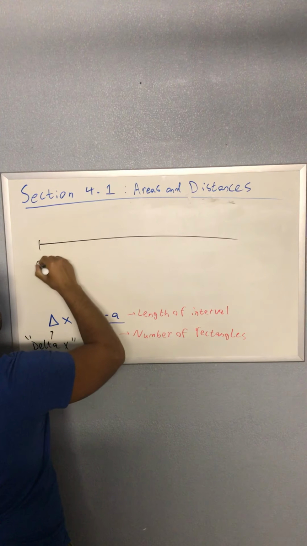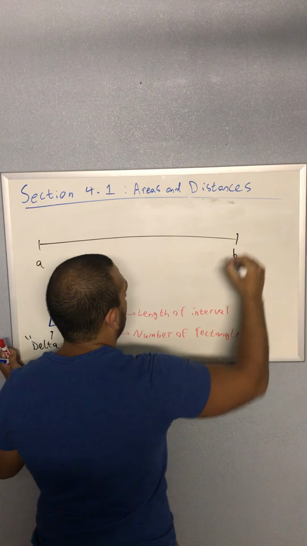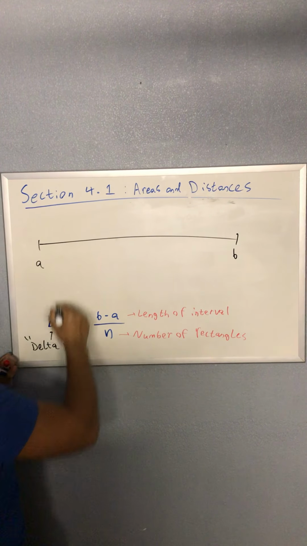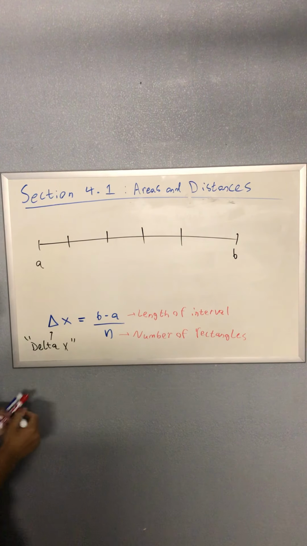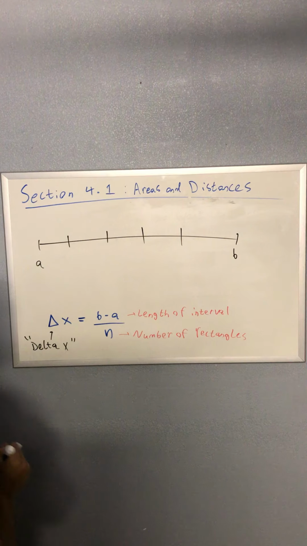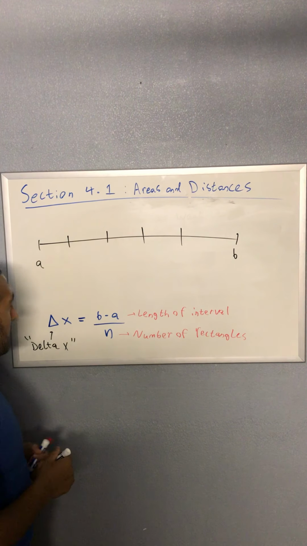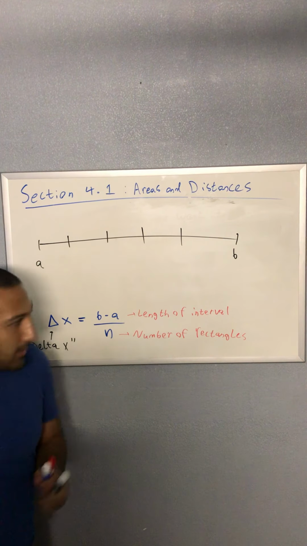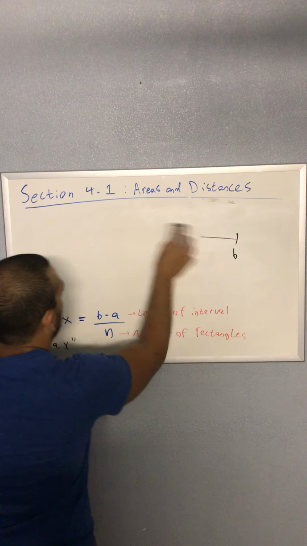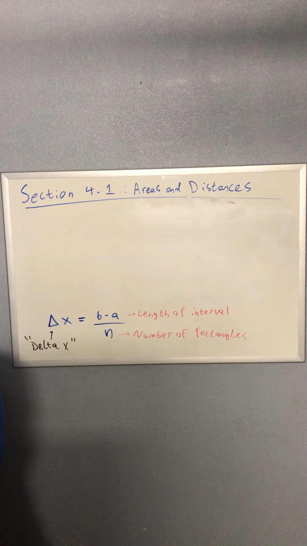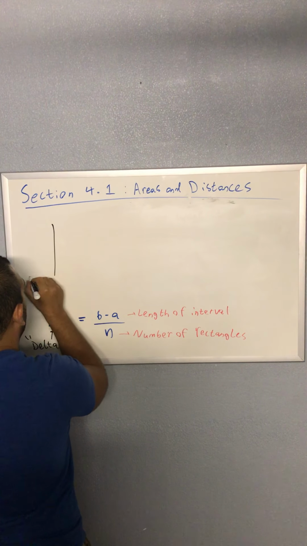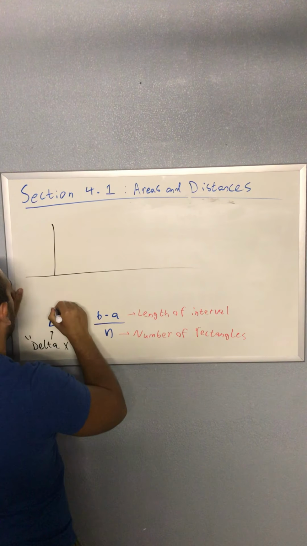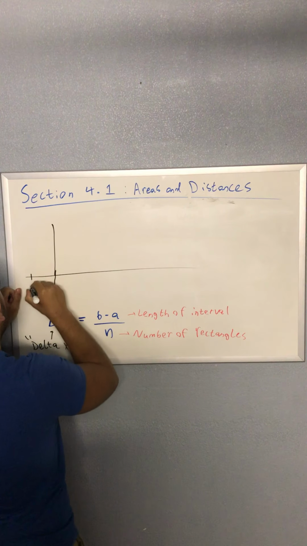So if we have a and we have b, and let's say we chop it up into equal pieces like this, then the function, actually let me draw the whole function out here. Sorry about that. Let's say this is a.